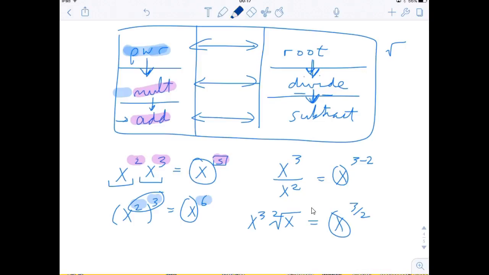And if I am doing division of exponential expressions, then I look at the chart, and one level below division is subtraction, so I subtract the exponents. And last of all, I don't think you're going to use it as much, but if I am taking the root, then I am going to look one level lower, and then I'm going to do divide. So for example, if I have an exponent here, and then I have a root multiplied times it, then I am going to divide the first exponent by the root. Okay? So that might be an easier way for you to remember it if you want.